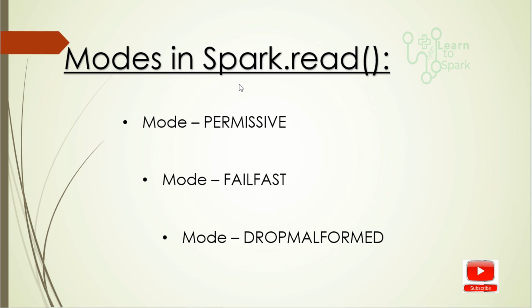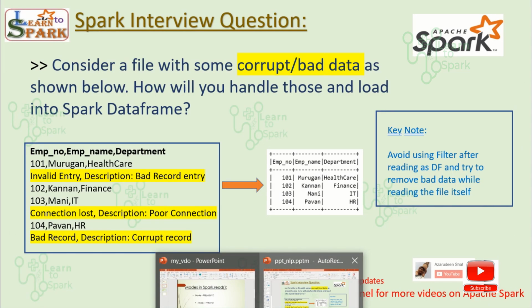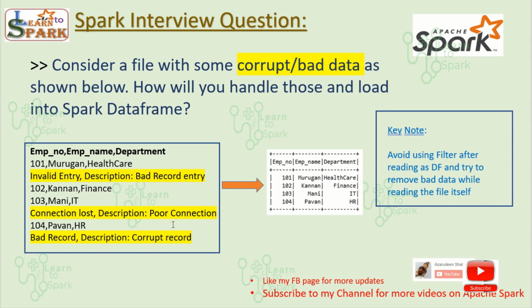The one which we are going to look at in our demo is drop malformed, which says that the record should match with the schema, otherwise it is a bad record and I will remove it. In our case, if you see, we have a file with records in which we have 3 columns.